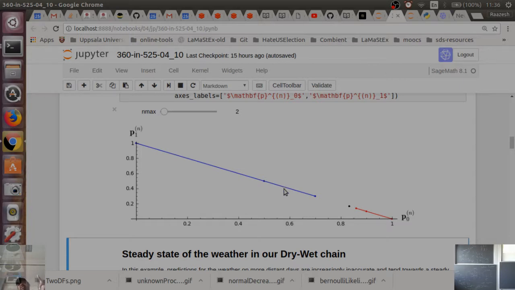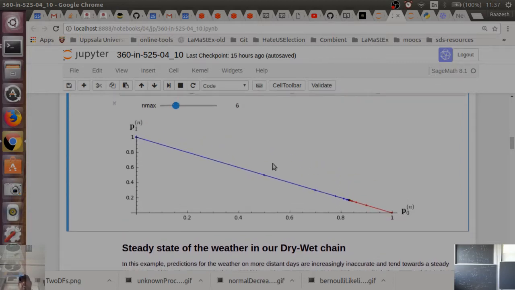It should really be square, but I'm just showing it as a rectangle. And then in 1 day, this guy moved here, and in 2 days it moved here. So if I increase the number of days to 4, see it's moving closer and closer to this black dot. And that's kind of the moral of the story. The black dot is going to be the stationary distribution of this transition probability. The state probability vector.